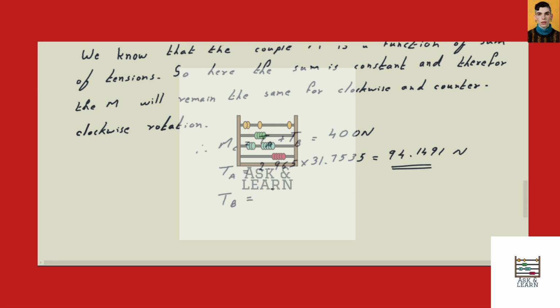TB is 9.632 times M, with M calculated as 31.7535. This calculated value is 305.8497 Newton.